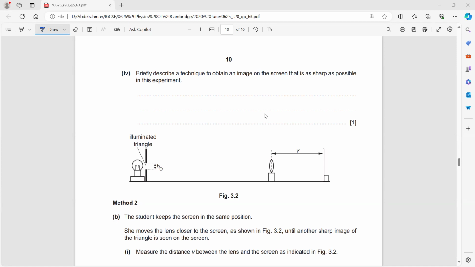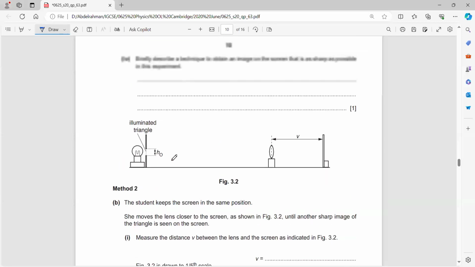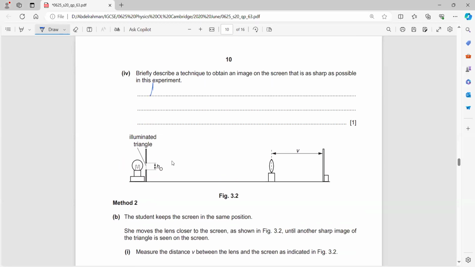Not a larger object. The technique has to do with moving one of the apparatuses I have. Usually I can move the screen slowly. Move the screen slowly until a sharp or clear image appears.